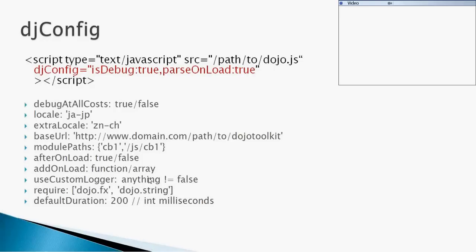In Dojo there is one property, addOnLoad. It is the function which can work as a start point once your page has loaded. You write your code inside that, load your widgets, make AJAX calls, and so on. But whether you want this functionality or not, in case you don't want that, just make it false.